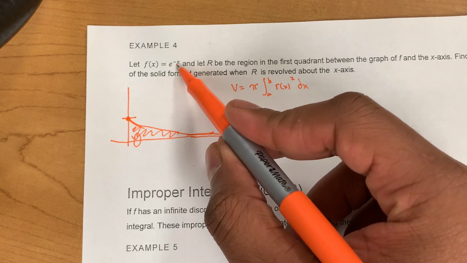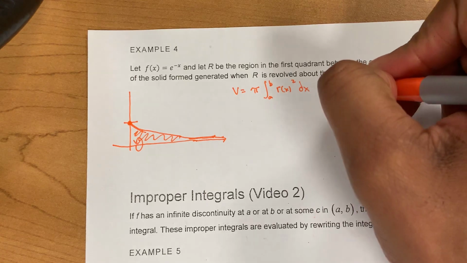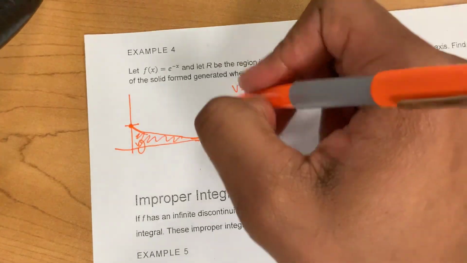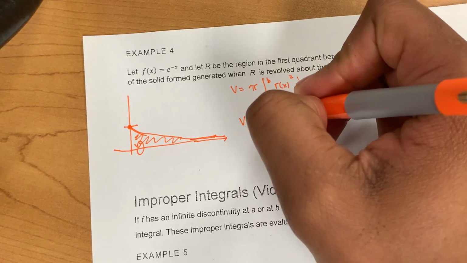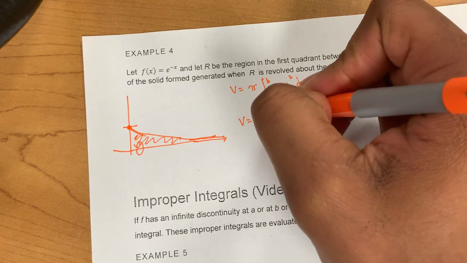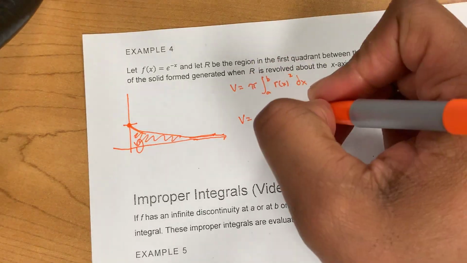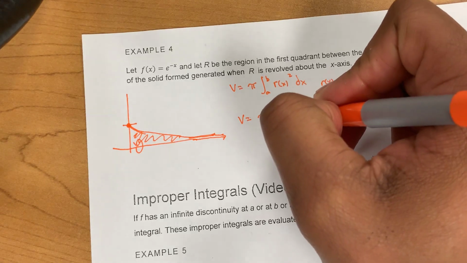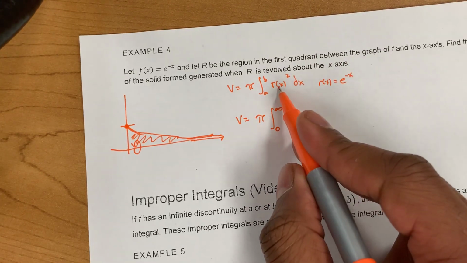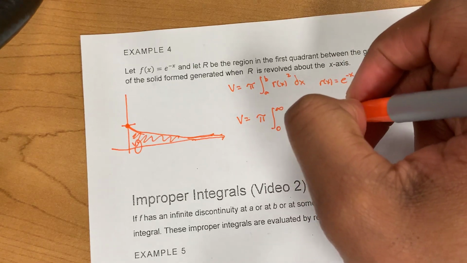The y value is e to the negative x, so our radius is e to the negative x. So our volume is going to be pi times the integral from 0 to, since this is unbounded, our upper limit is going to be infinity, and if I square e to the negative x, we get e to the negative 2x dx.